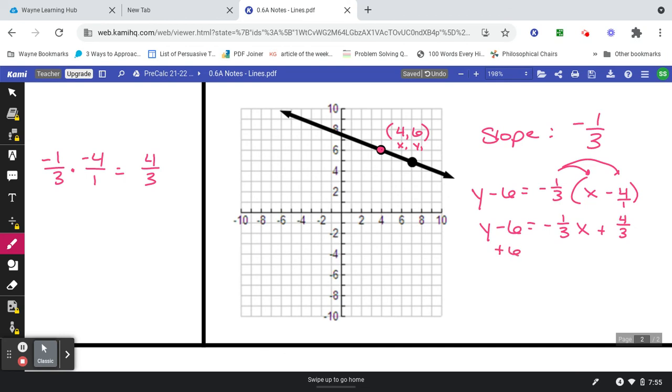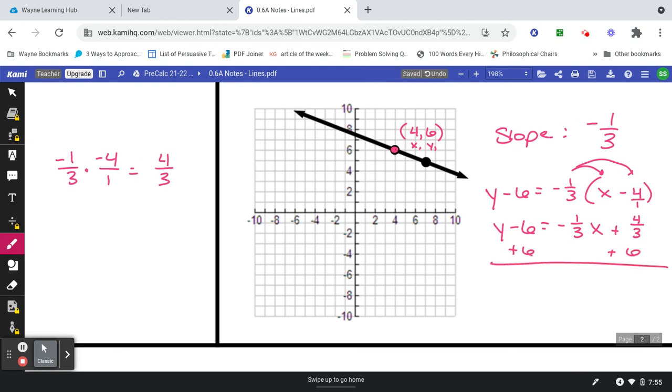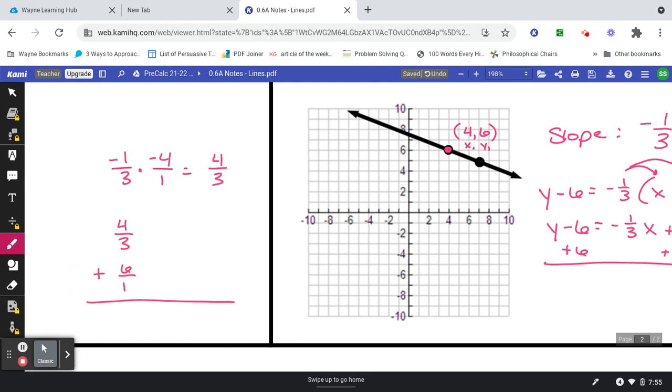And then we add 6. That's when we'll need our common denominators. So we'll take 4/3 plus 6 over 1. Our common denominator will be 3. Multiply by 3, get 18.